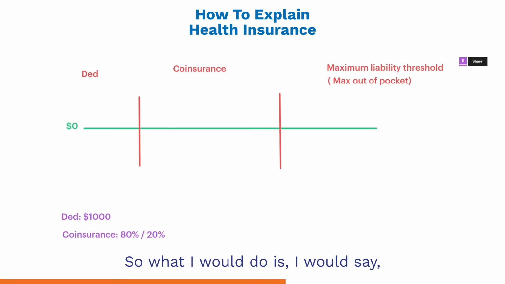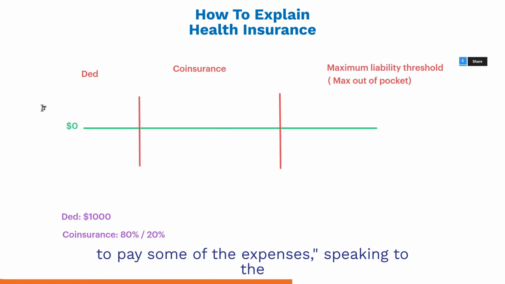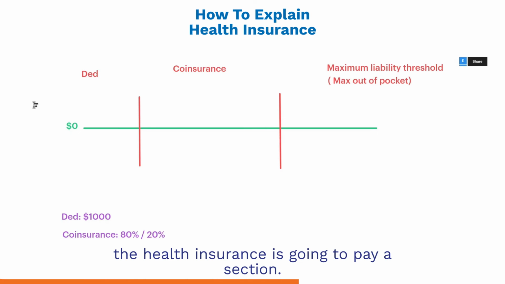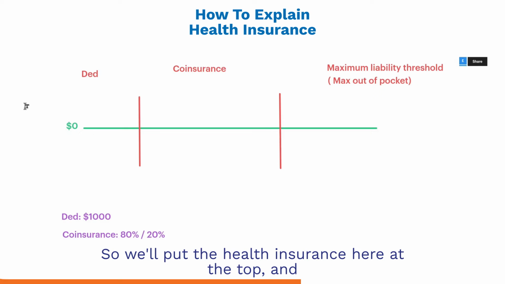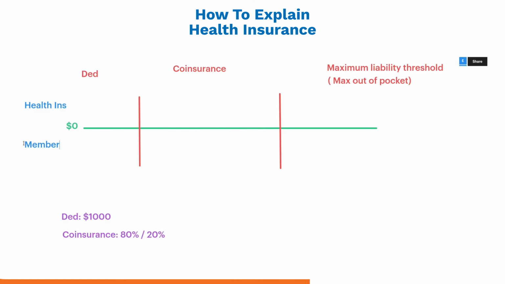So what I would do is I would say, okay, the way this policy works is you're going to pay some of the expenses, speaking to the member or the employee or the individual plans, and the health insurance is going to pay a section. So we'll put the health insurance here at the top, and then we'll put the member down here at the bottom.